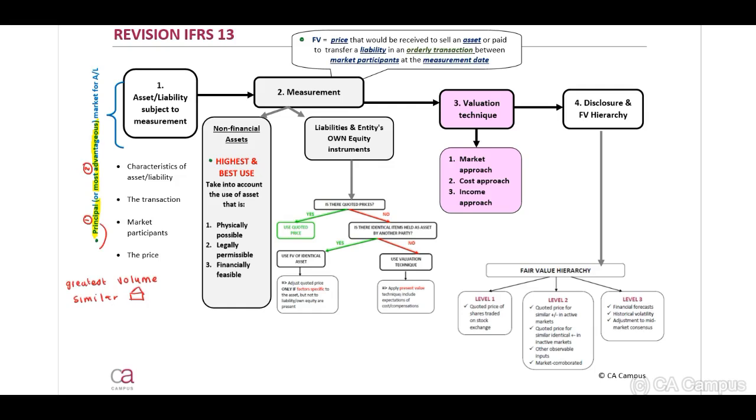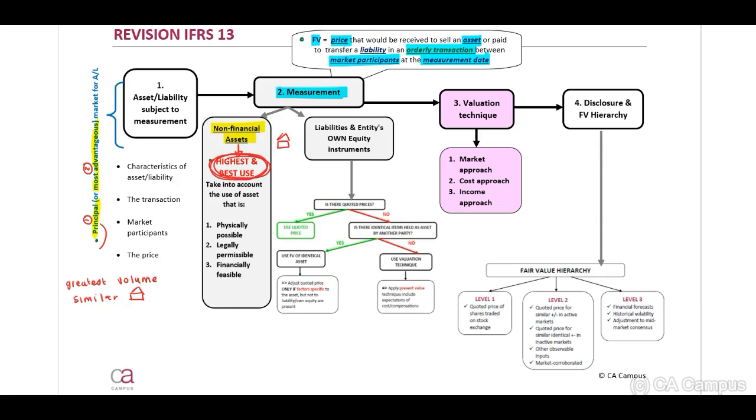Right. Then it is important when we move on to our measurement that your fair value is the price that would be received to sell an asset or paid to transfer a liability in an orderly transaction between market participants at the measurement date. And for non-financial assets, which is a non-financial asset in this scenario, our building, we want to use our highest and best use.